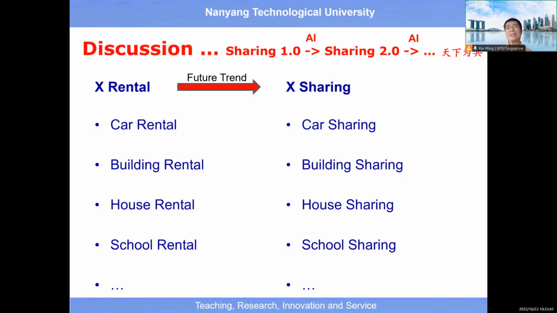Renting means you must go to an agency to do a booking, to rent a car. Then you need to pick up the car. After using the car, you must return the car, right? But the sharing scheme is not exactly like that. You can do the online booking in real time. Then the car will come to you.